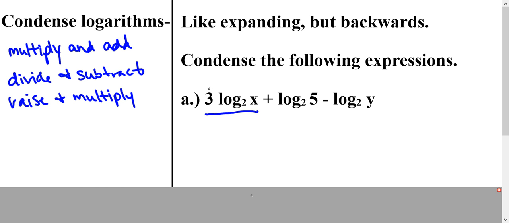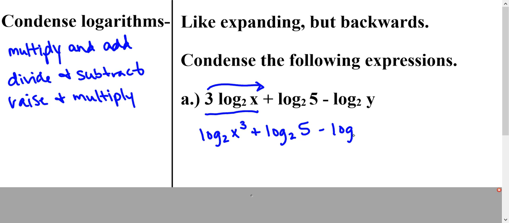So this 3 is going to go to the exponent of x. So we're going to have log base 2 of x to the third power. And then we have plus log base 2 of 5 minus log base 2 of y. So we've condensed this one.